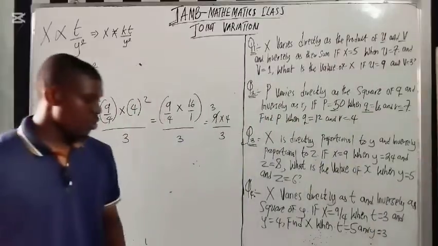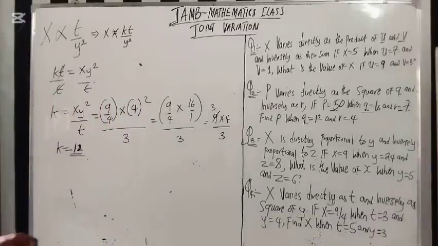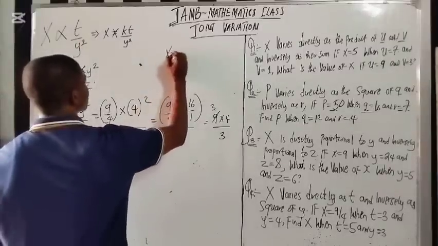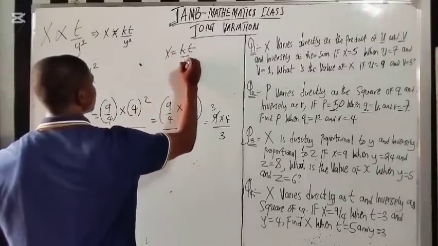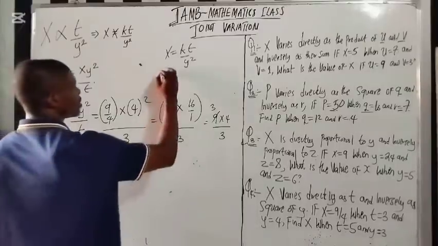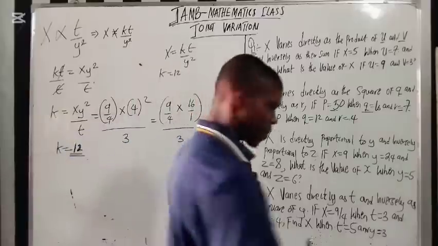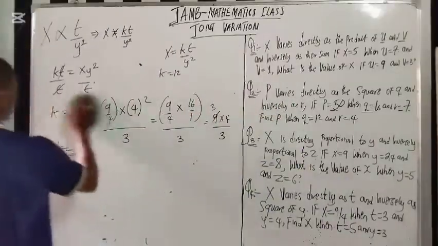Now say find X. So how do you find X? Remember, from here my X is equal to kT over Y square, right? And my k is already equal to 12, which we have done here.